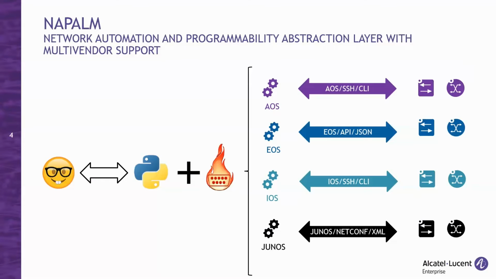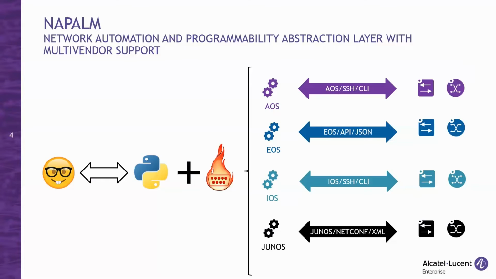For example, both the AOS and iOS Napalm drivers use CLI commands over an SSH connection, whereas the EOS driver uses JSON objects over an API, and even the Junos driver uses XML objects over a netconf connection.